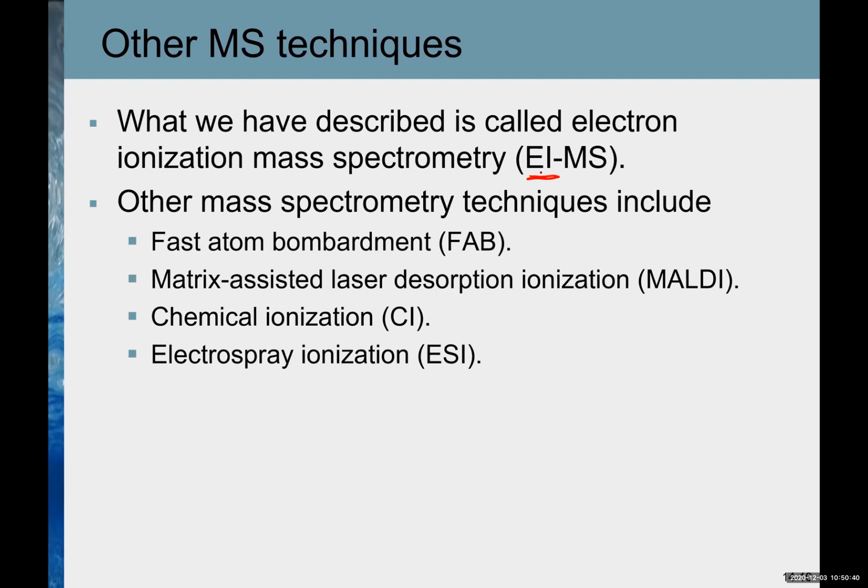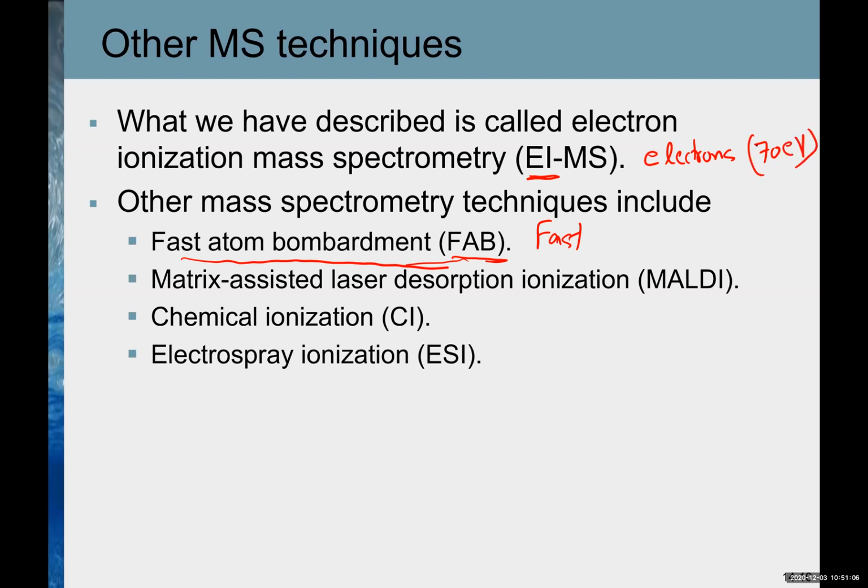There are other mass spectroscopy techniques available. One of them is fast atom bombardment. In this one, we use fast moving helium atoms. So in electron ionization, we use electrons, and the energy of these electrons is 70 electron volts.